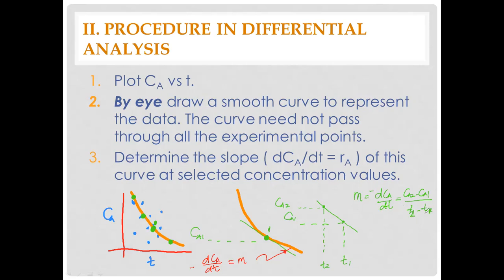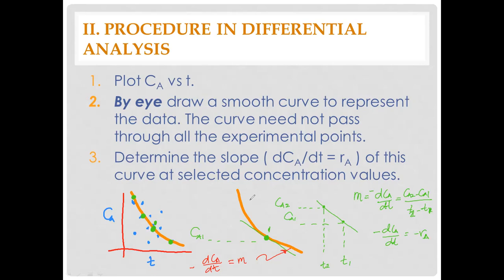Now you'll get that slope. So you have now data of dCA dt, or that would be the negative rate, and you have it together with the concentration that you have chosen. Okay, so if you have a piece of paper there, you write that with these 4 concentration points that you have chosen on the curve that you have drawn, you will have 4 sets of data, 4 sets of data pairs.